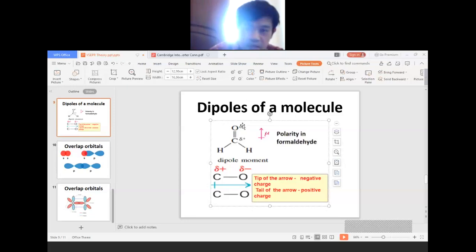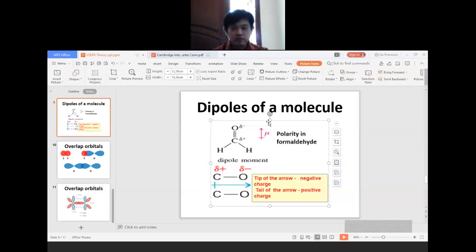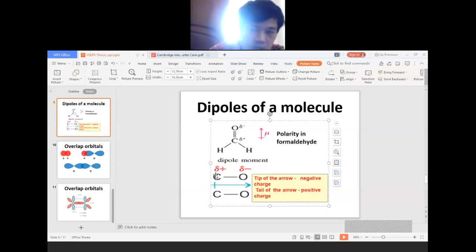This is dipole negative, this is dipole positive. So there is an increase in polarity that makes this aldehyde able to dissolve in water. And then this one is called the dipole moment. The dipole moment goes from the positive carbon to the negative oxygen.